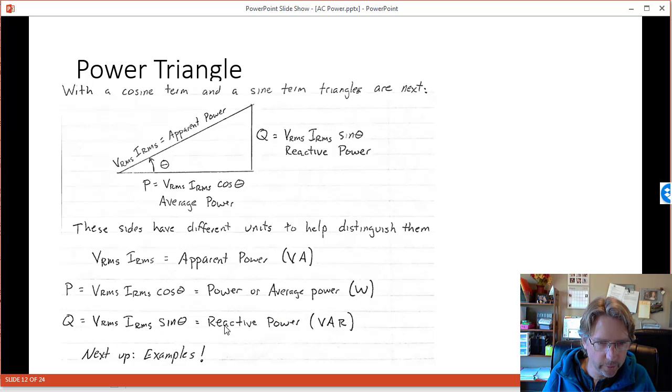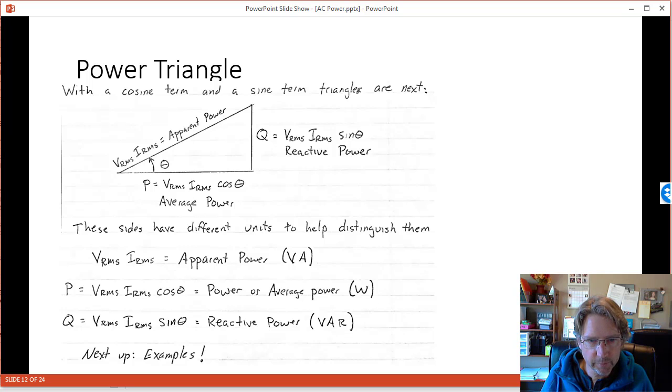And then reactive power averages to 0, but we still have to transmit it. The reactive power has units of VAR, VA reactive. So you'll see these gauges around, and this is the reactive power gauge, and this is the average power gauge.